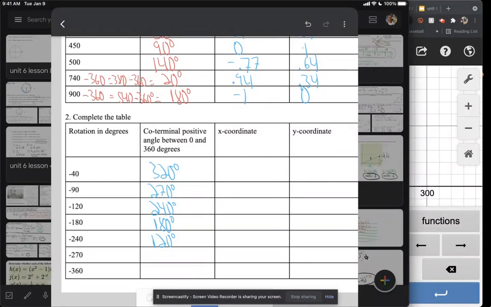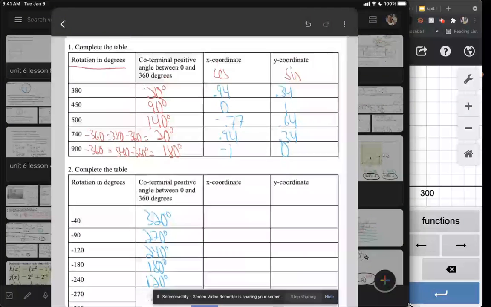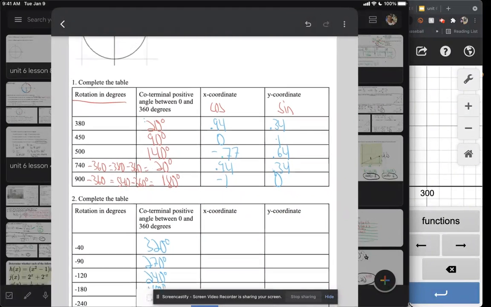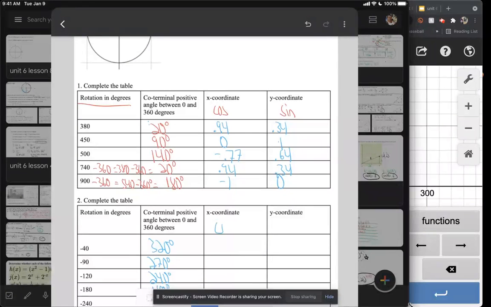Negative 270 plus 360 is 90. And negative 360 plus 360 is 0. Okay, so I filled that in. Now, all I'm going to do is do the same thing I just did before. For the x-coordinate, I need to do cosine, and for the y-coordinate, I need to do sine.